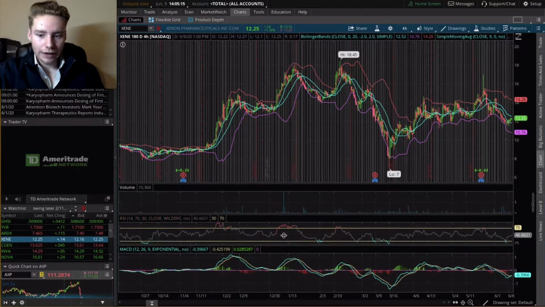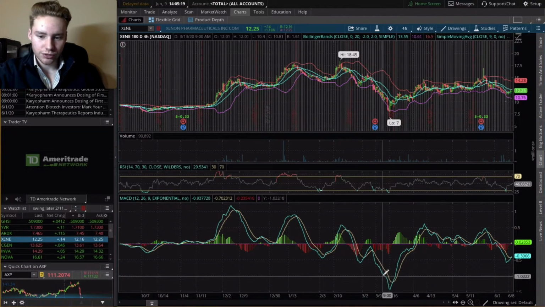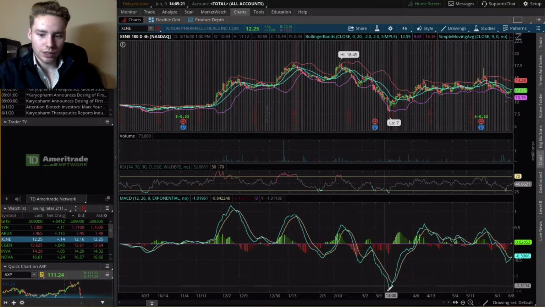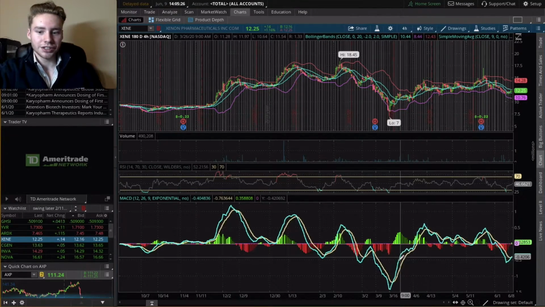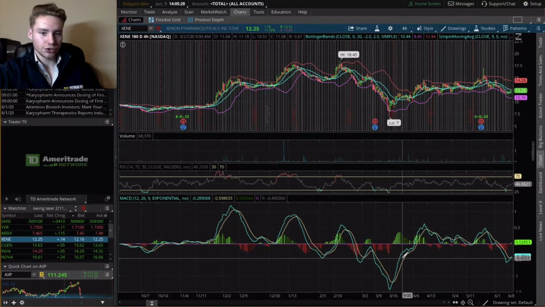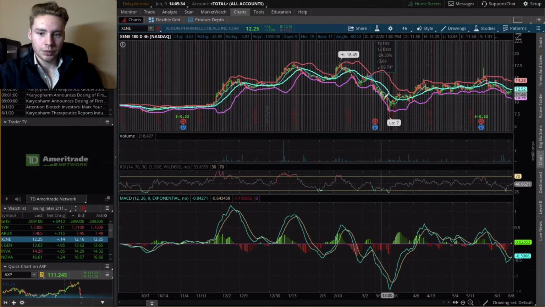So now back to the MACD, you're going to want to look for a crossover of this blue line over this beige line. What this is indicating is a reversal of the general trend. So you can see it's trending downward here, right in this category. Boom.